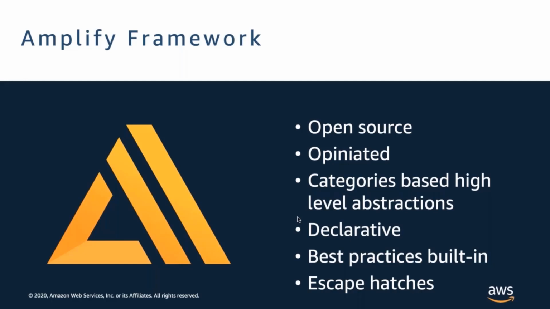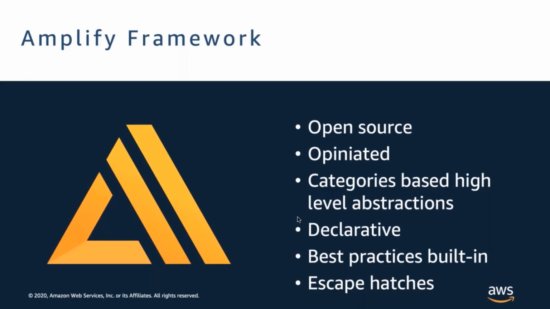We work with categories in Amplify. For example, we added API to our project. We did not add AppSync. That gives us a lot of flexibility down the road and the ability to create different plugins for certain categories. It's declarative. As we saw in the case of the authentication, you have the ability to declare your security rules and have Amplify build those for you.